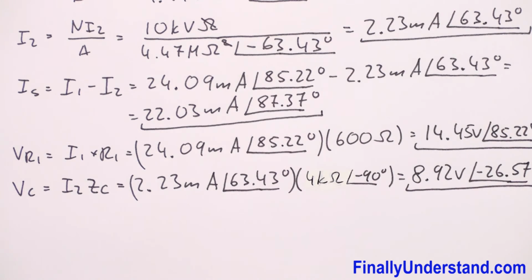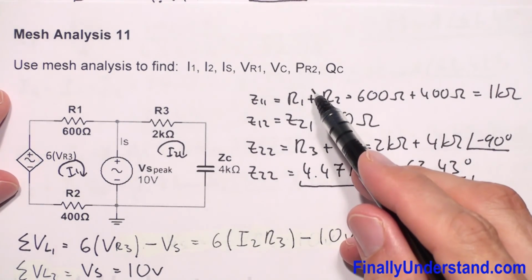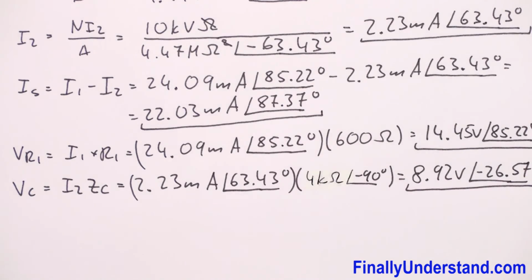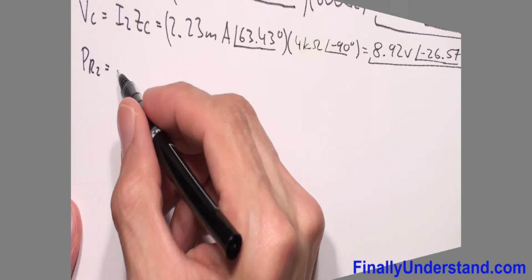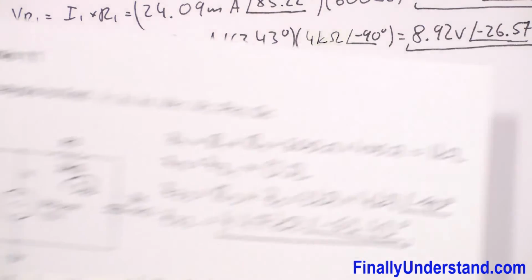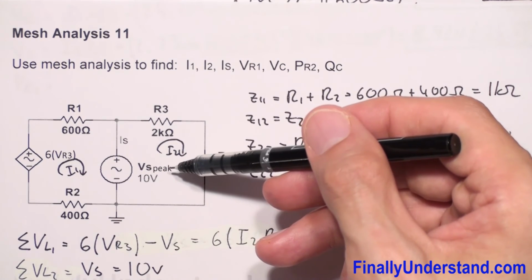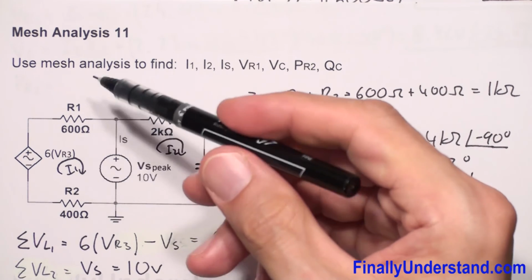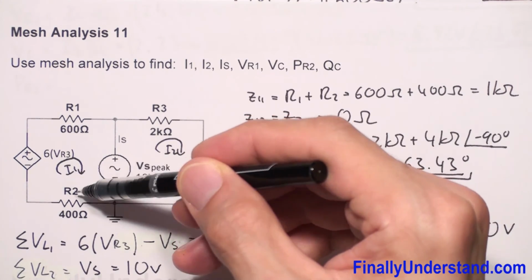Next we're supposed to find the power at resistor R2. So PR2 is equal to the current squared times the resistance. But please keep in mind that we are dealing with the peak voltage, so we talk about the peak current too. So you have to multiply 1/2 by the square of current I1 times R2.